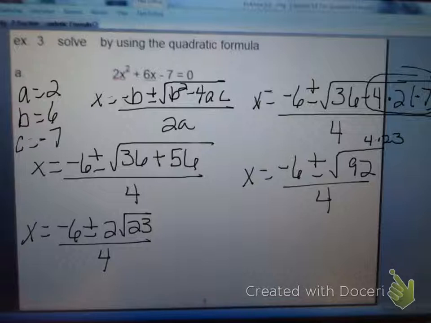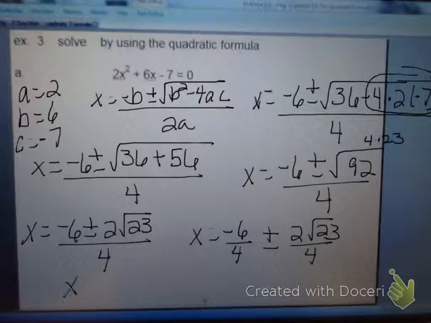Now, we have a fraction, so what we need to do is split each term over its own denominator. So that's negative 6 over 4 plus or minus 2 square root of 23 over 4. Now we can reduce.